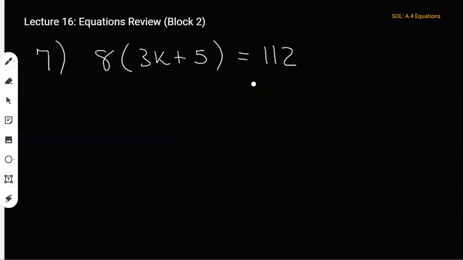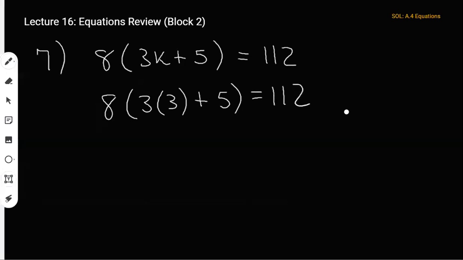And all I'm going to do is let k be 3 and see what happens. So I'm going to replace k with a 3. I have parentheses inside of parentheses, so make sure the 3 is closed up, and then the whole thing is closed up too.